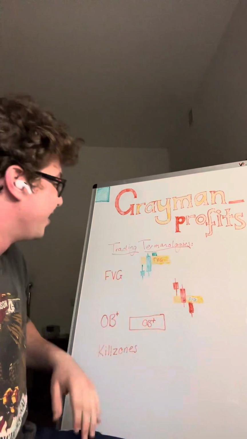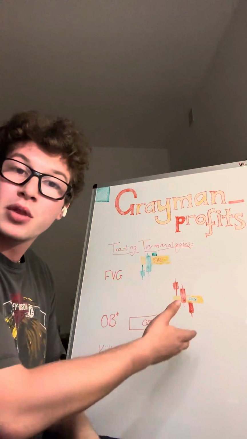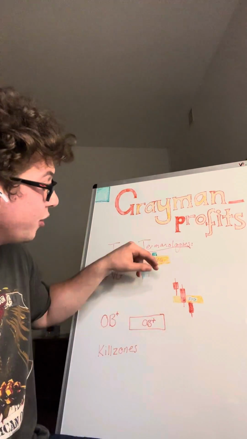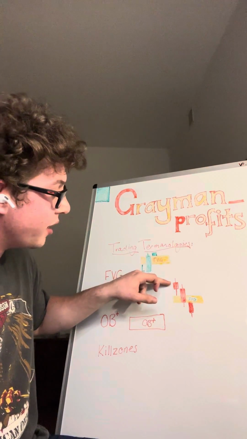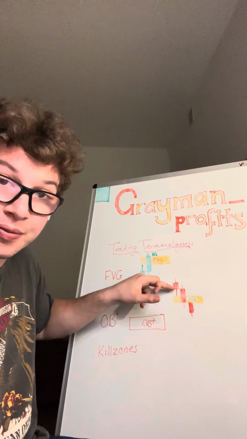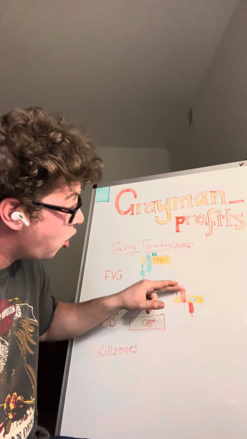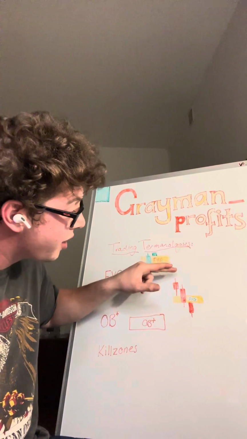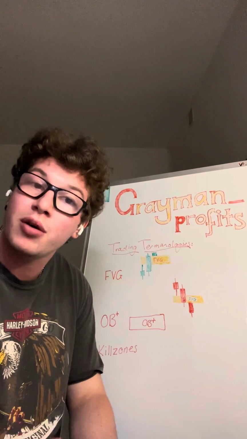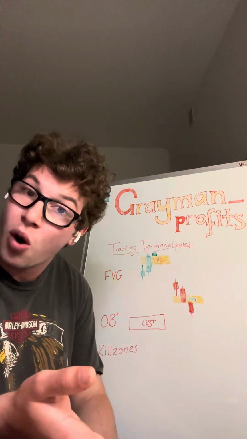Sorry about that. And then the same can be said for a fair value gap in a bearish market. Price opened up here, retraced, shut down, and retraced again. The second candle has opened, retraced a little bit, and shut down. This indicates that there have been more sellers than buyers, and quite a lot more.